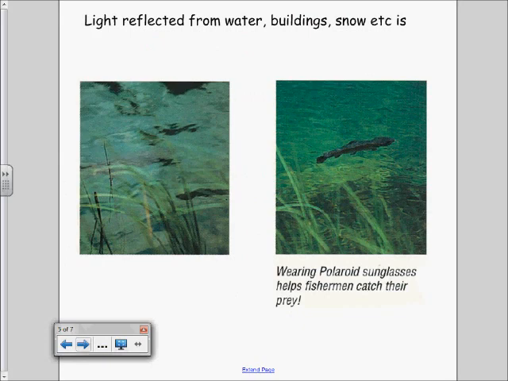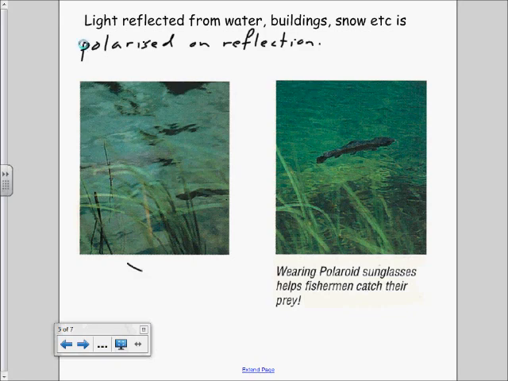All right, and we talked about this in class. Light reflected from water, buildings, snow, etc. is polarized on reflection. So the light that we see coming off these surfaces already is polarized. If we were to look through some sunglasses where the polarizing sheet is at the right angle, then it would be able to cut out that polarized light.